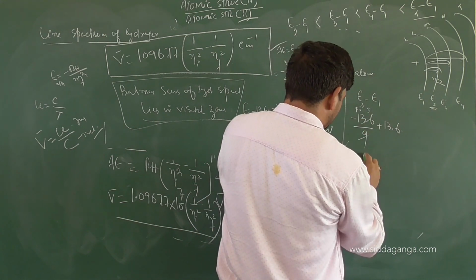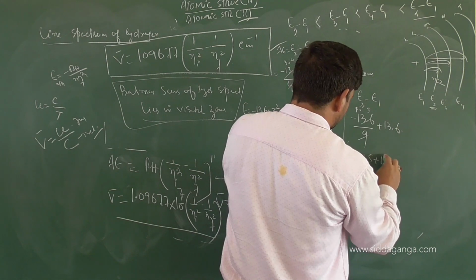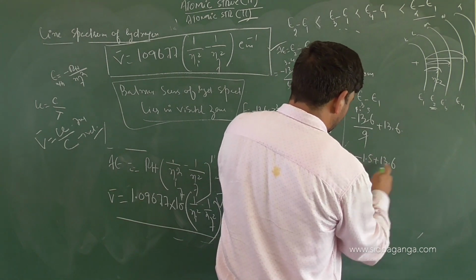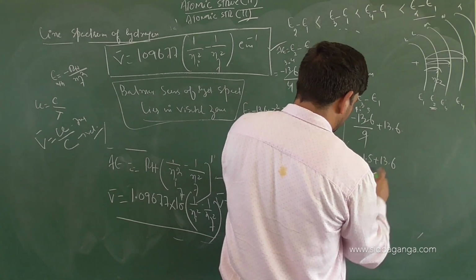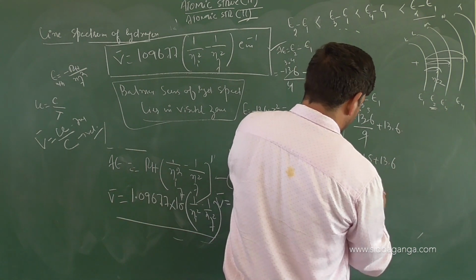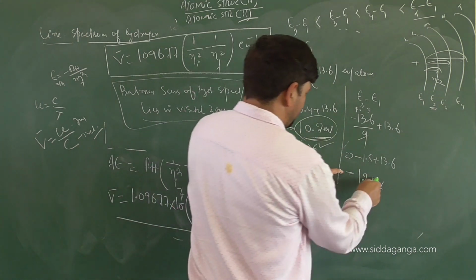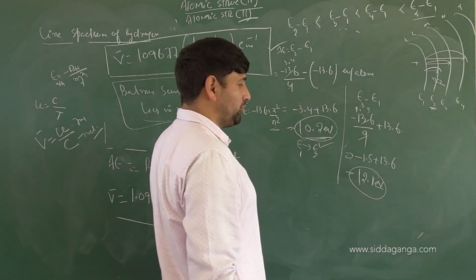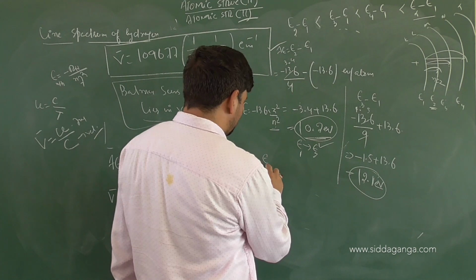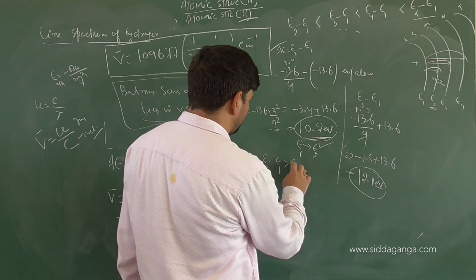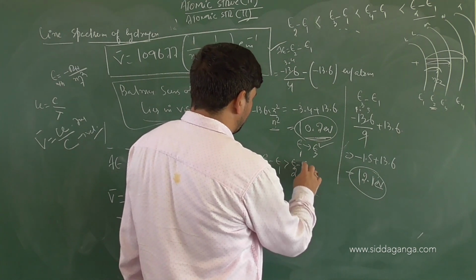It will be minus 1.5 plus 13.6. So the sum will be 12.1 electron volts. Have a look, it is 10.2 in the previous case and here it is 12.1 electron volts. That means E3 minus E1 is more than E2 minus E1.